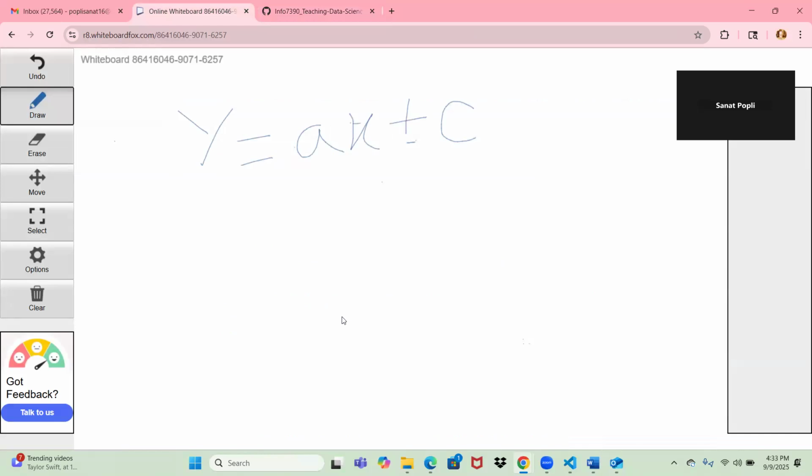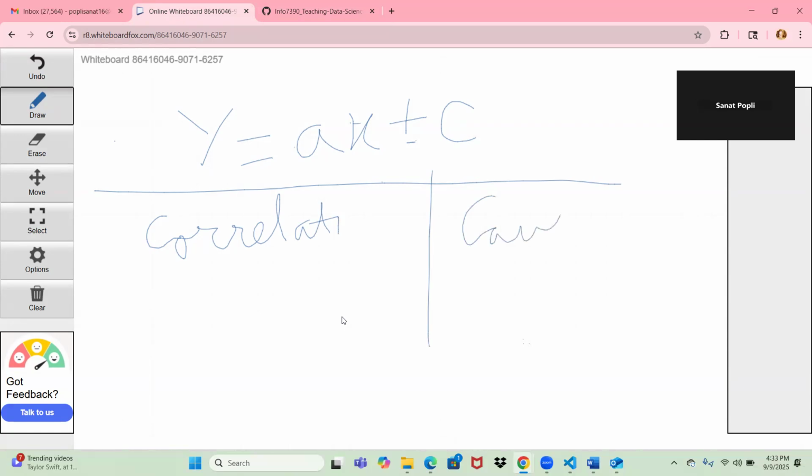Now let's look at the difference between correlation and causation. I'm sorry for the terrible handwriting, but we have to manage it.